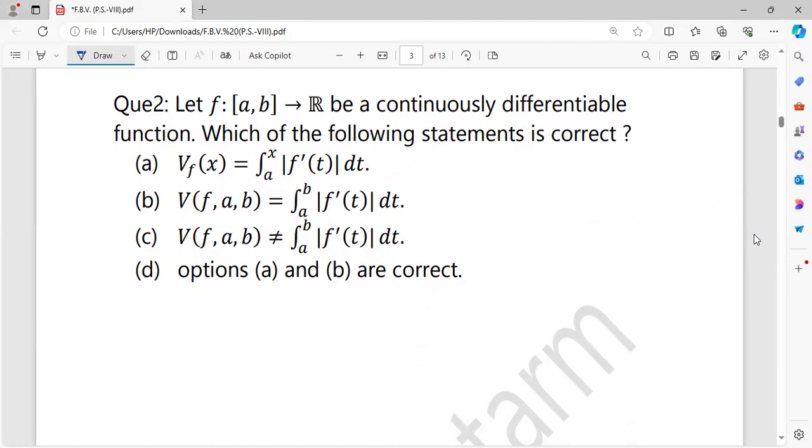The variation function V_f(x) is given by the integral from a to x of the absolute value of f dash at t, dt. Option B: the variation of f on [a, b] is equal to the integral of the absolute value of f dash at t, dt. Option C: the variation is not equal to that integral. Option D: options A and B are correct.